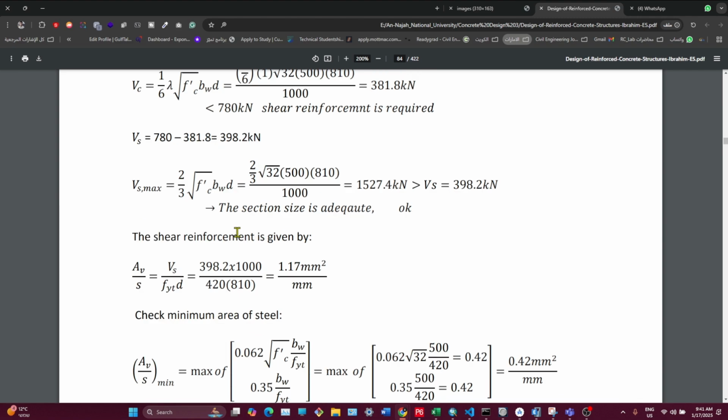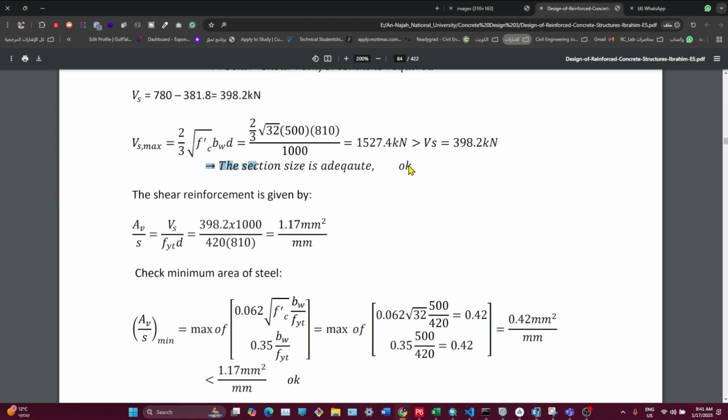In other words, if the Vs max would be less than or equal to the Vs, we would have to increase the size of the section, right?